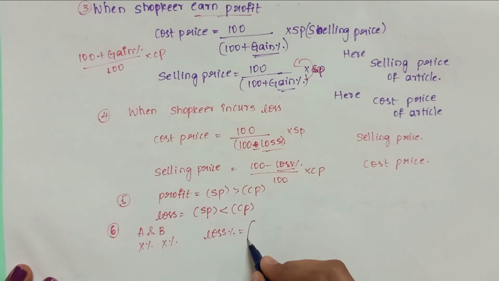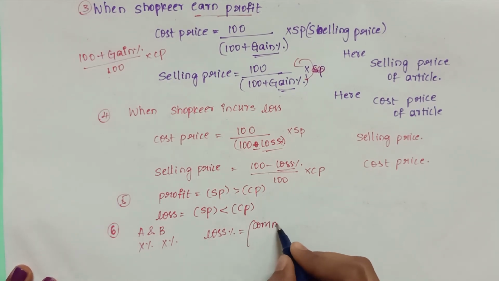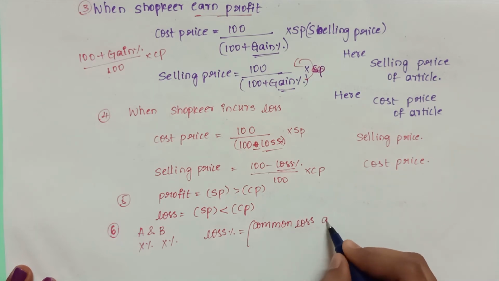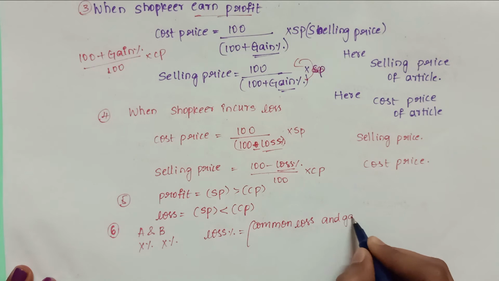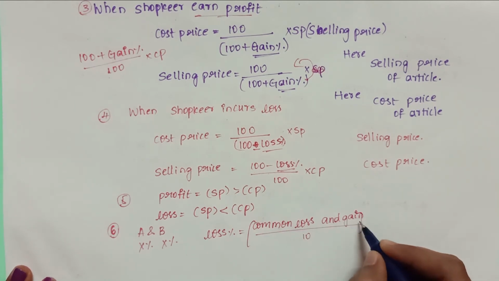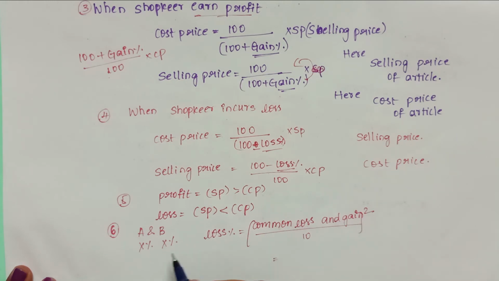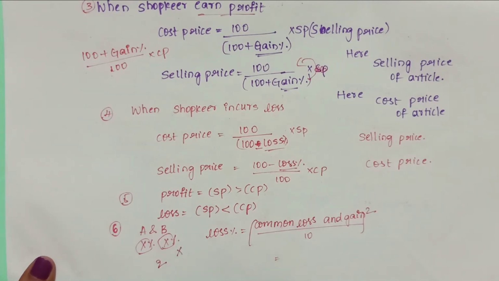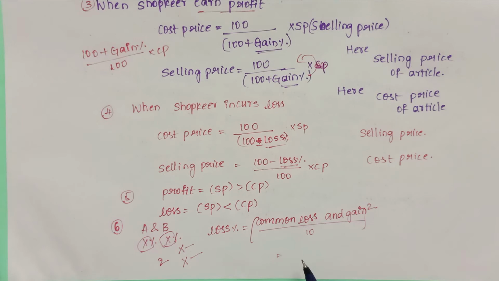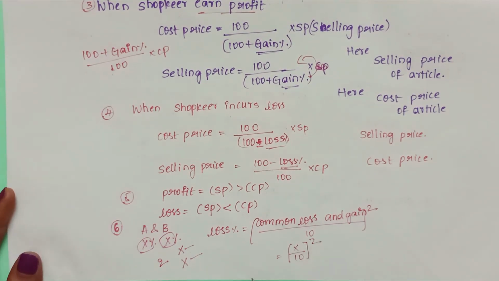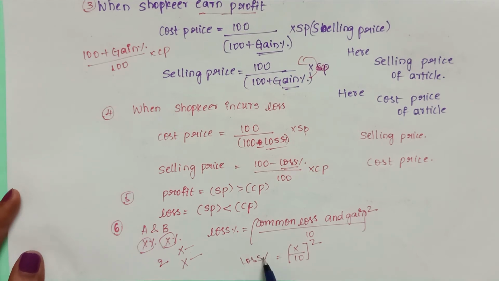Loss is equal to common loss and gain by 10 whole square. That means X is the common loss or gain. So X by 10 whole square. This is the formula for loss.